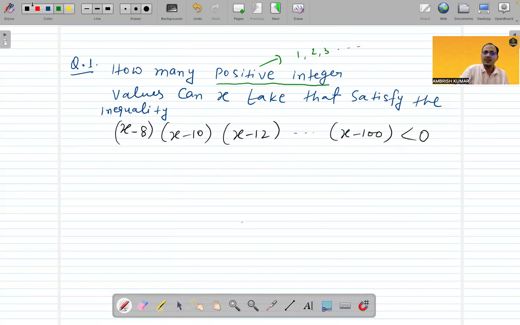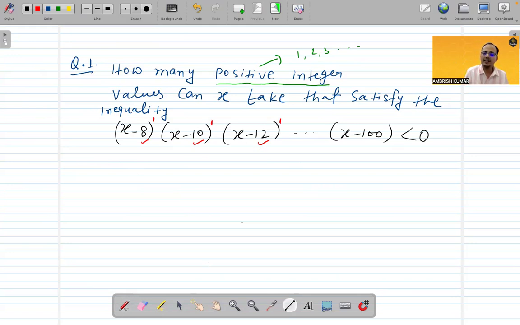Now see, what are the factors? And can you see all the factors have the power 1 here? All the factors have the power 1 means all the factors have odd power. And the numbers here x minus 8, x minus 10, x minus 12 means the value of X. If you equate all the factors as 0, you would be getting 8, 10, 12 up to 100.